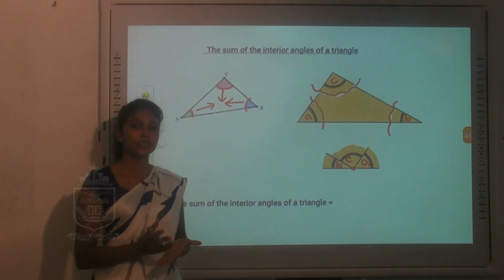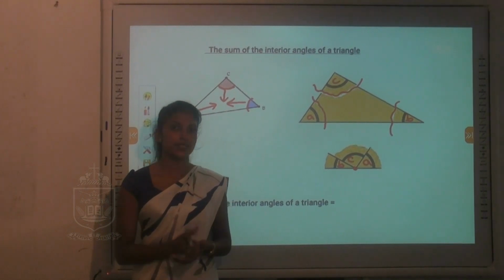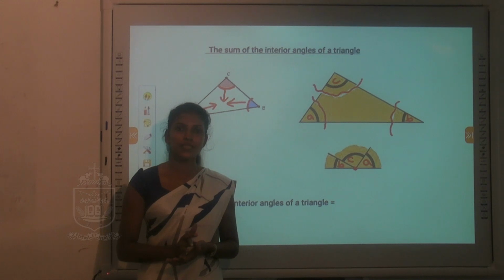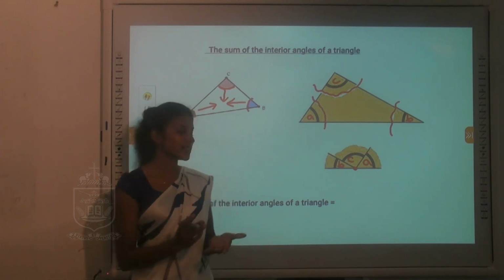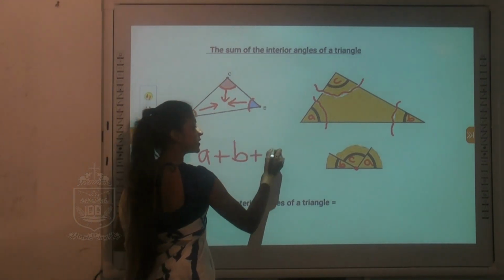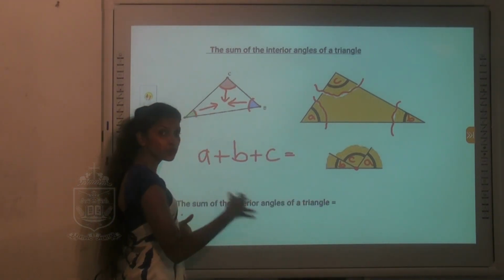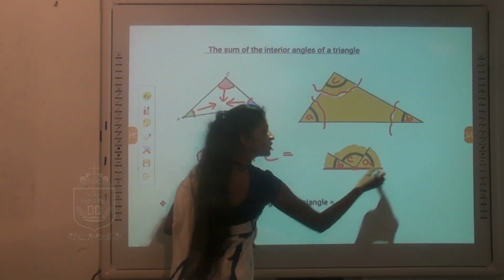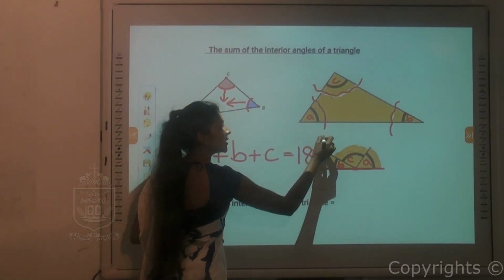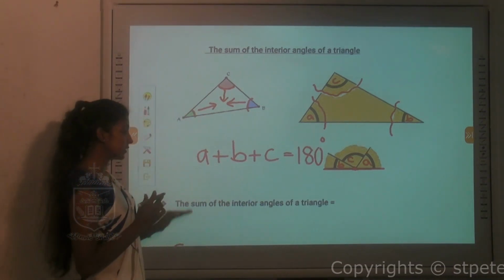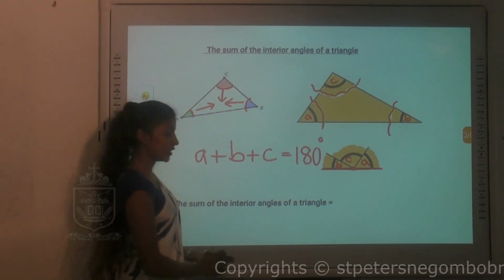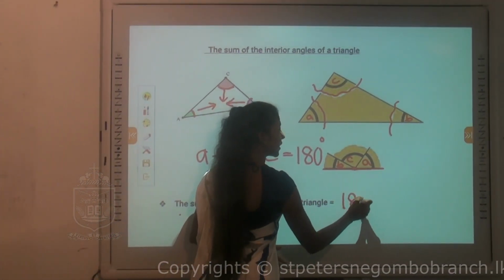So what we can conclude from this activity is the sum of the interior angles in a triangle will always be 180 degrees. That means once you add A angle, B angle and C angle, it will form a straight line. We know the sum of the angles on a straight line is 180 degrees. Therefore, the sum of the interior angles of a triangle is always 180 degrees.